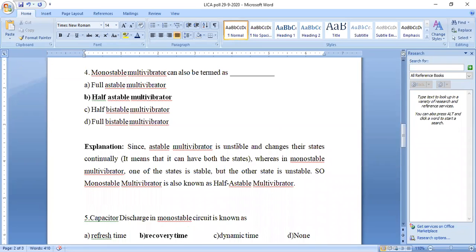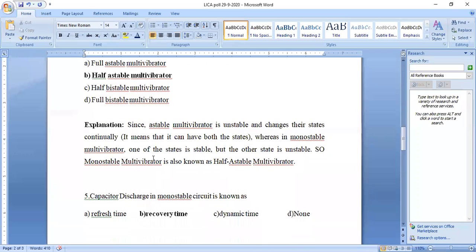Half stable means that in a quasi-stable condition there is a change in output state, whereas in a monostable multivibrator, at positive saturation it is stable and at negative saturation it is unstable. That's why the monostable multivibrator is a half stable multivibrator. It is also called a half square wave generator.